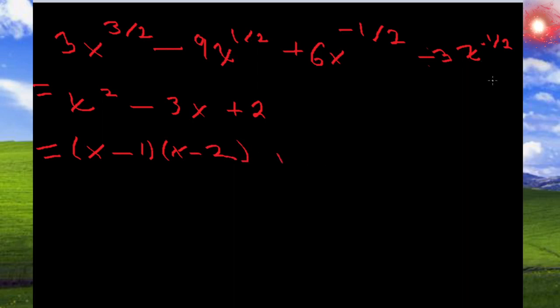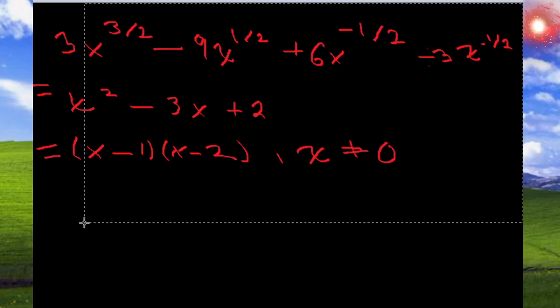And since we're dividing by the inverse square root, x is not equal to 0. Since we had to divide by a power of x, we had to say x is not equal to 0. There we go. There's the answer.